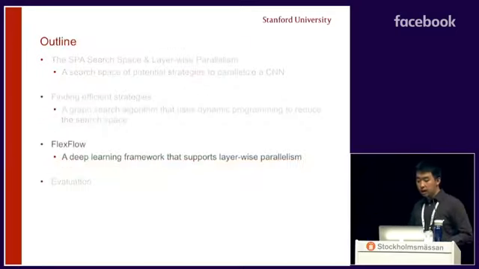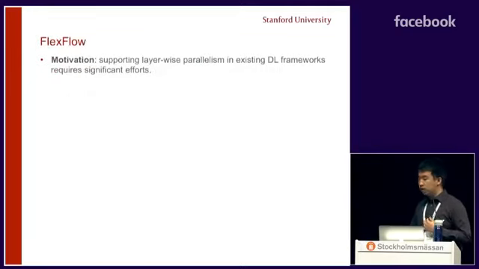Next, I will introduce FlexFlow, a deep learning system we built to support layer-wise parallelism. Our motivation is that supporting layer-wise parallelism in existing deep learning frameworks requires significant effort. You have to manually partition every operator into tasks. If you would like to implement layer-wise parallelism in TensorFlow or PyTorch, it requires a significant amount of changes.